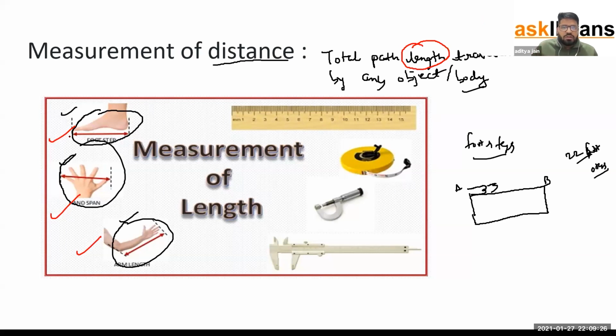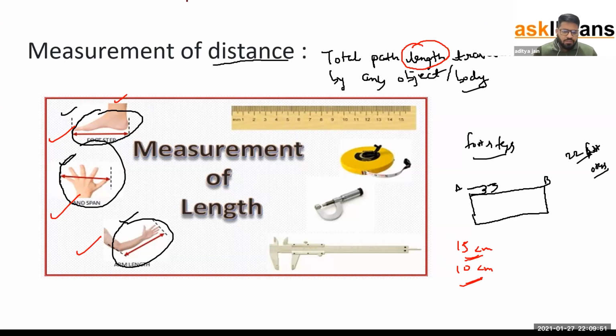So they can't be a standard unit of distance. Suppose the footstep for one individual is 15 centimeter and for another it is 10 centimeter. You can't get a standard value. But for local purposes, in the previous times, we used these measurements of length.